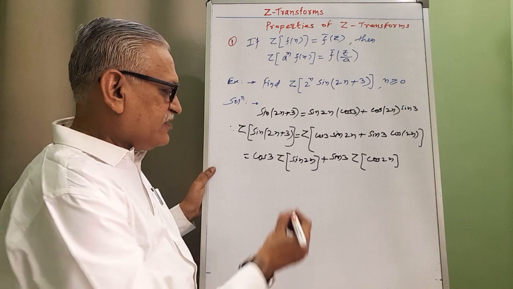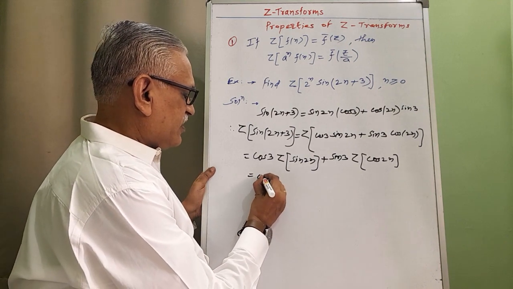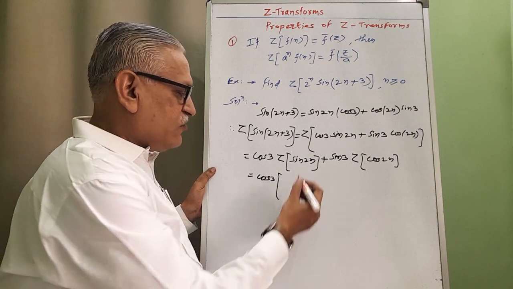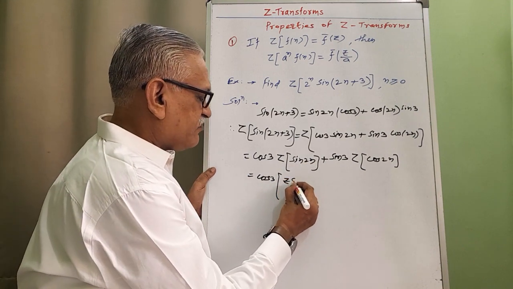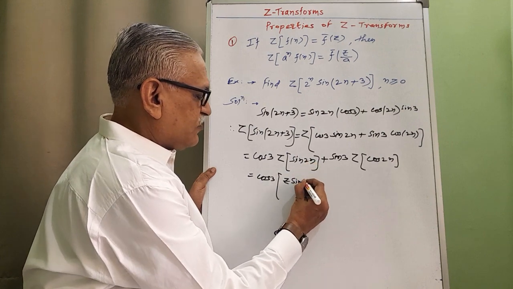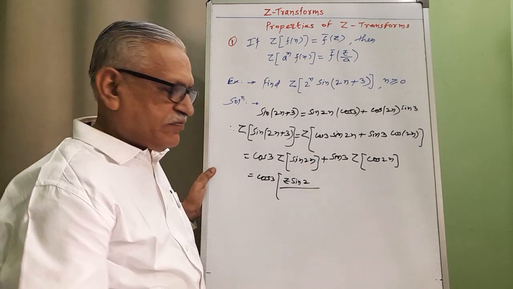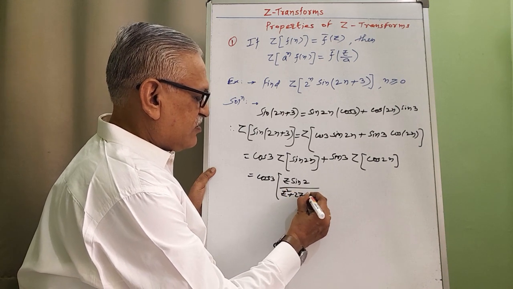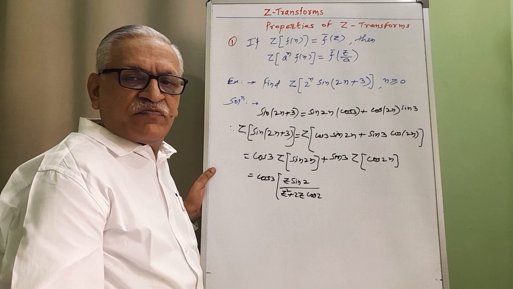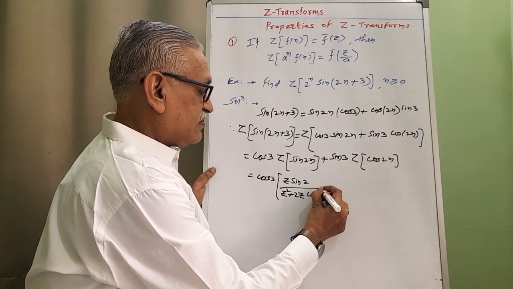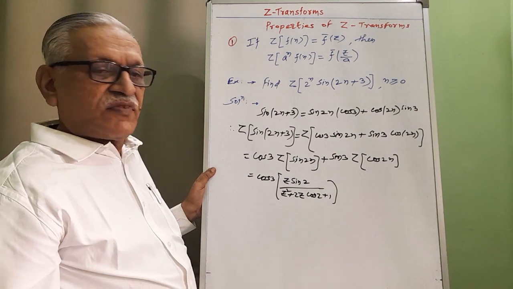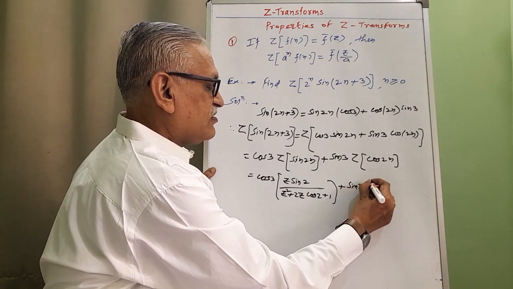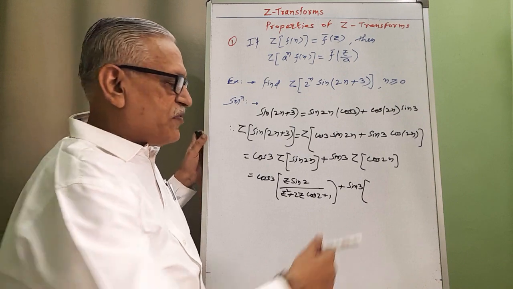Then applying standard results, we get cos 3 times Z transform of sine omega n, which is z sine omega. Omega is here 2, therefore z sine 2 divided by z square minus 2z cos 2 plus 1, plus sine 3 as it is, no change, and Z transform of cos of omega n.